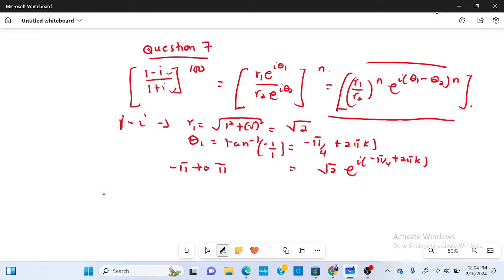Then 1 plus I, I'll have my r2 simply also equal to square root of 2 since they will have the same coefficient. But theta 2 is tan inverse of 1 on 1. That is giving me pi on 4 plus 2 pi k.